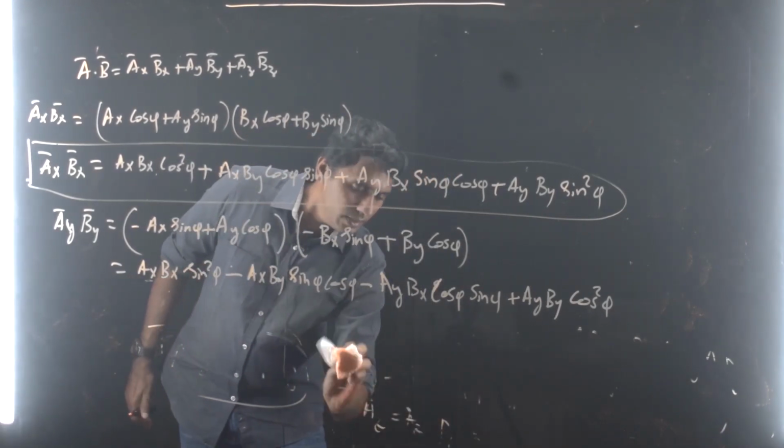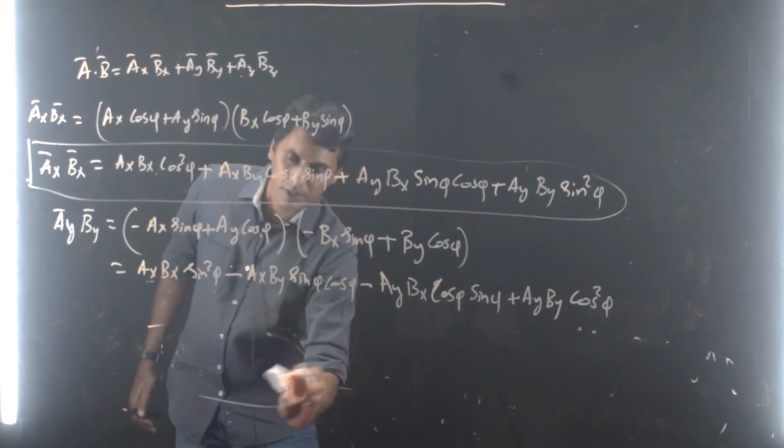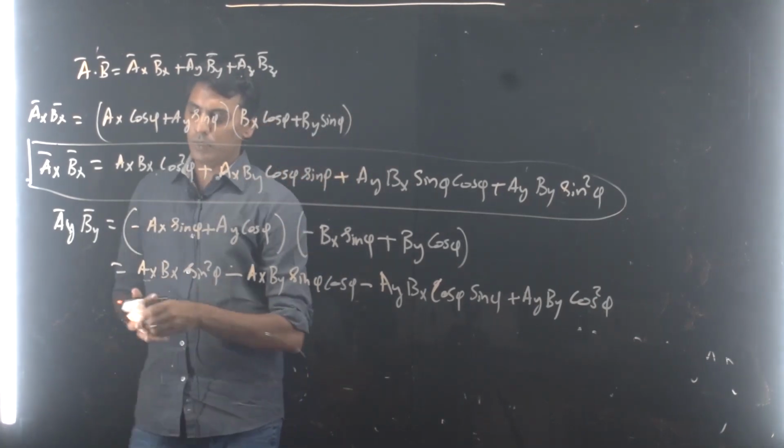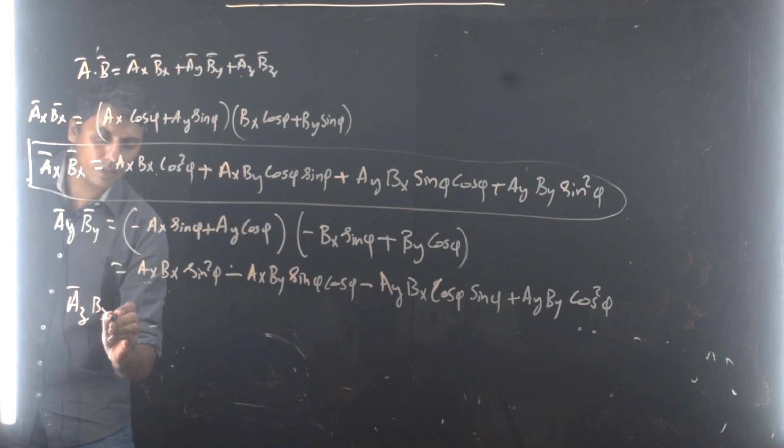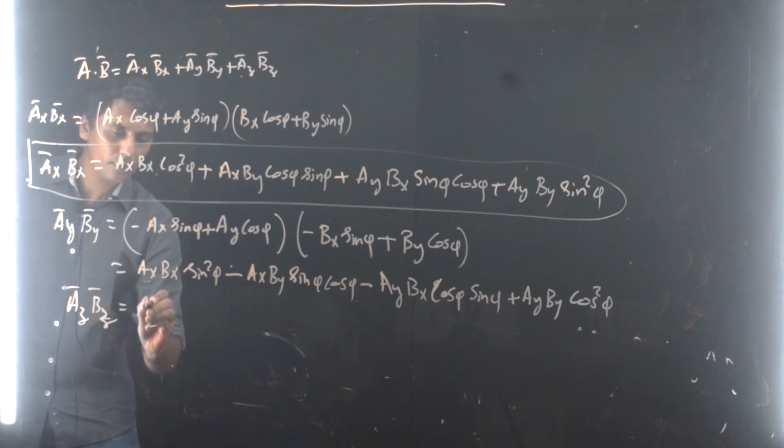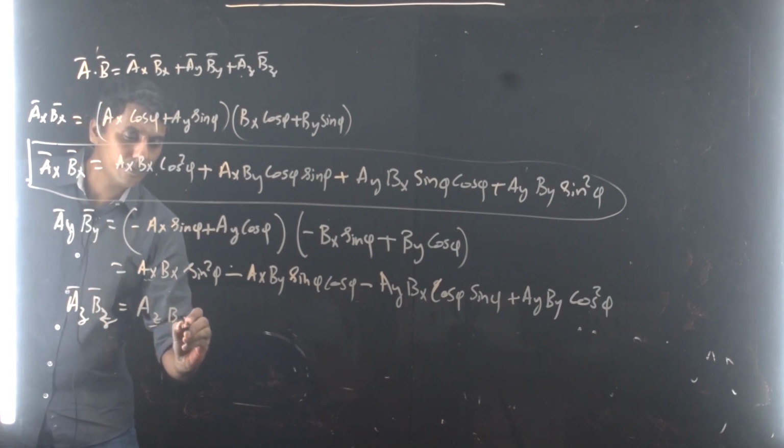Now if you add these two, and you know that the other quantity Az bar Bz bar is equal to Az Bz itself.